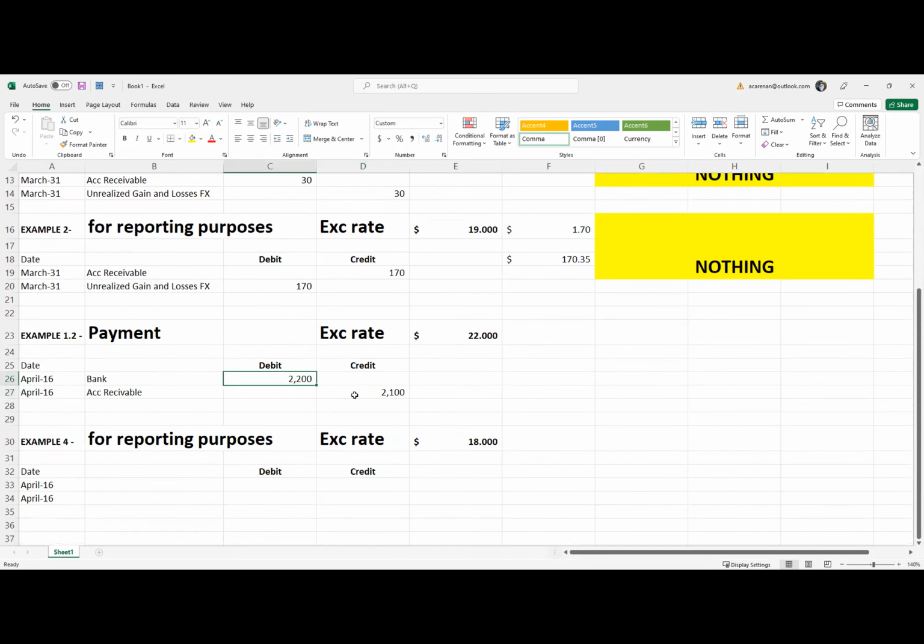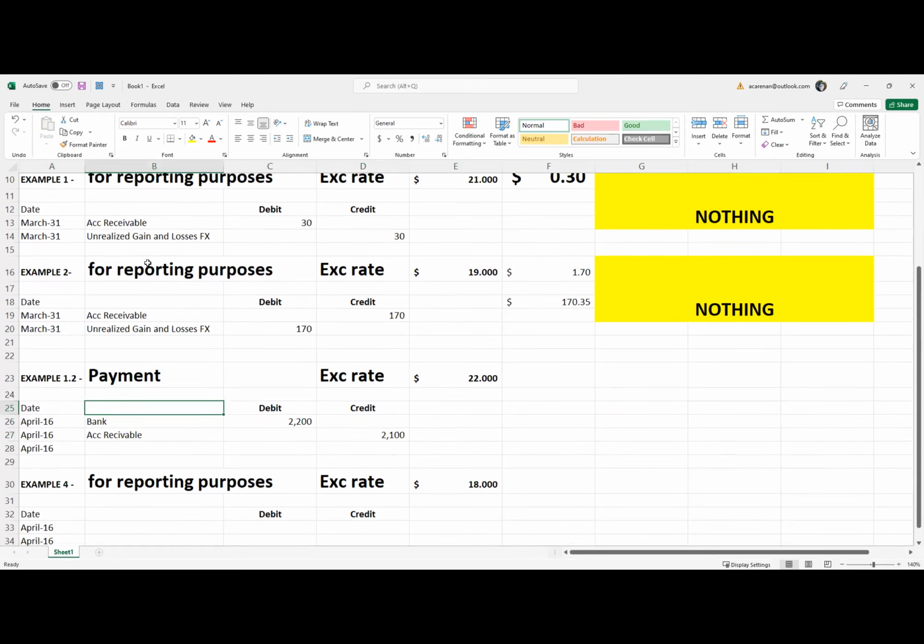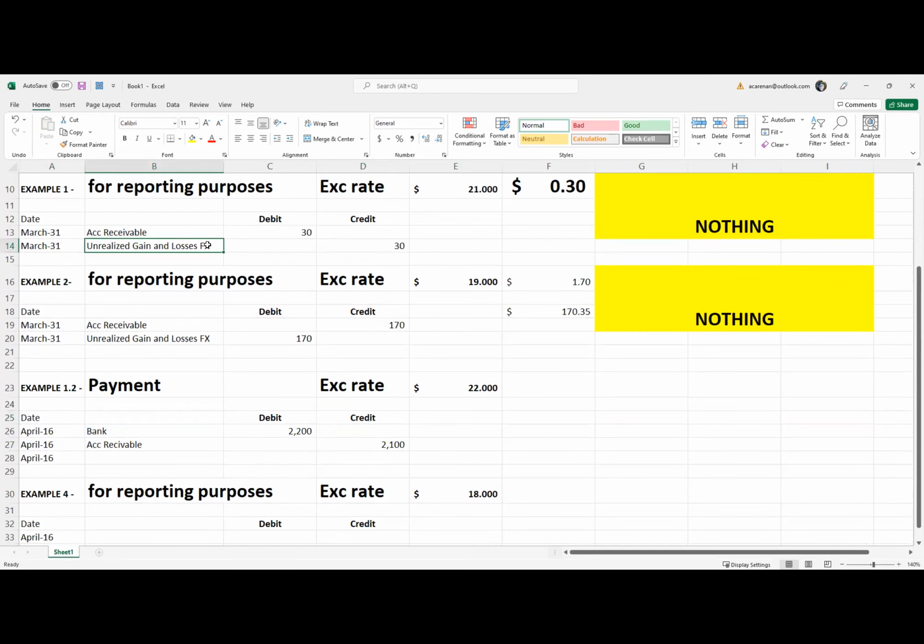But what is happening here? Because of the change of the peso, since it was days different, we are missing an accounting here. Remember that when we did a revaluation, we did unrealized gains, but this is more than realized.